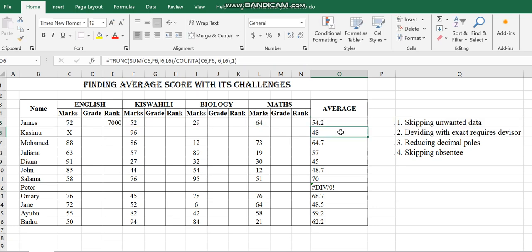So if you press enter this way and drag, you'll see that the undefined marks have been left out. If it was only the average, but the formula has become a bit more complex, as you will see, this now has become our formula.